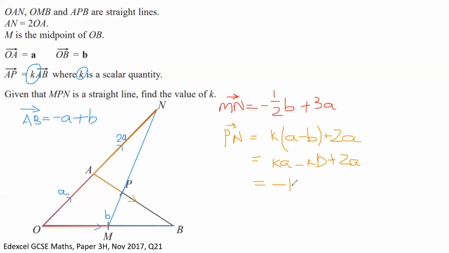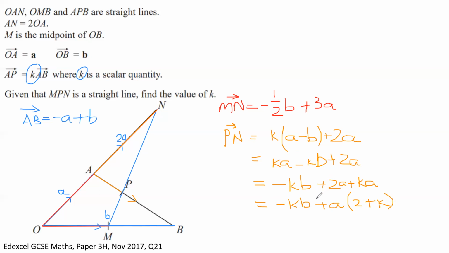So I'm going to have minus KB and then put these two together. So we'll end up with plus 2A plus KA. And now I can put this little section here into brackets. So we can leave the minus KB as it is, and then put A on the outside of a bracket, and inside that bracket we'll have 2 plus K.